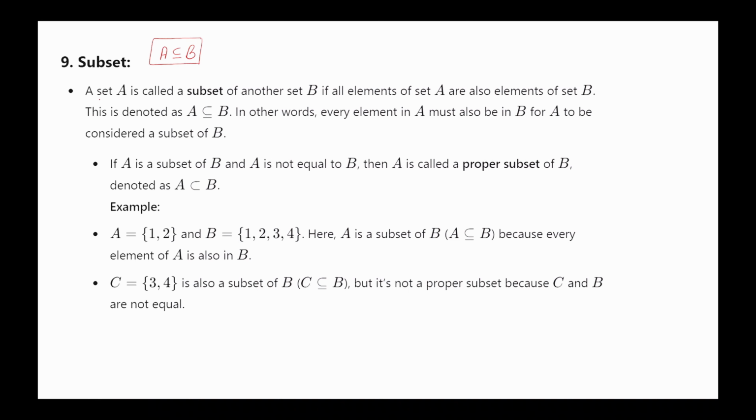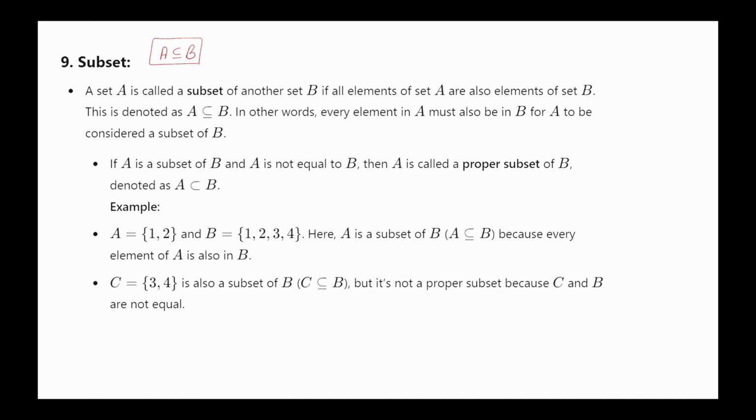So going by the definition, set A is called a subset of another set B if all elements of set A are also elements of set B. However, the reverse is not true: all elements of B do not belong to A. Every element in A must also be in B for A to be considered a subset of B. Now sometimes these two sets can be equal.